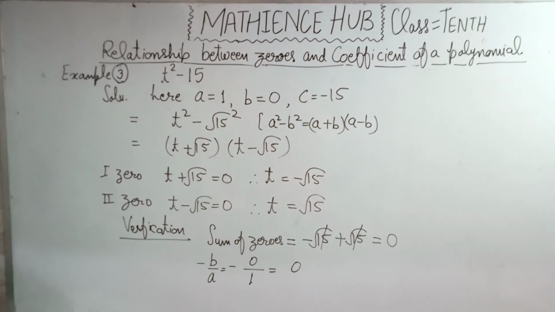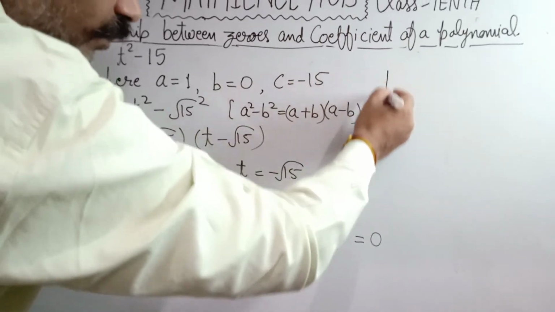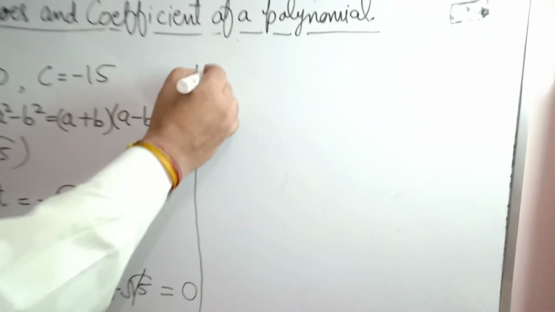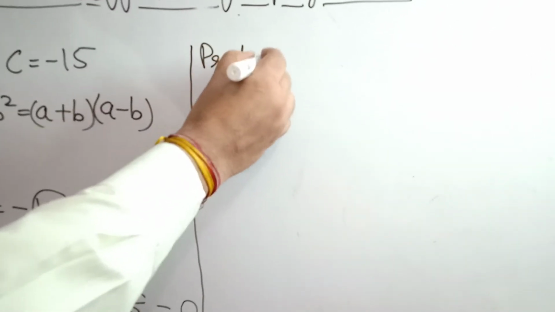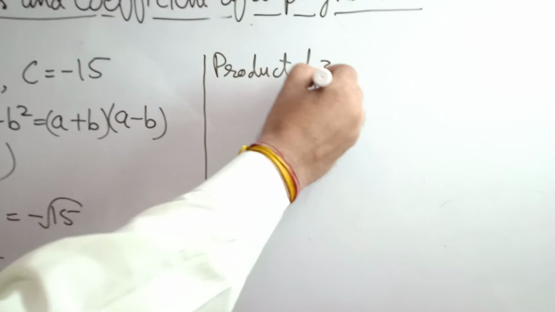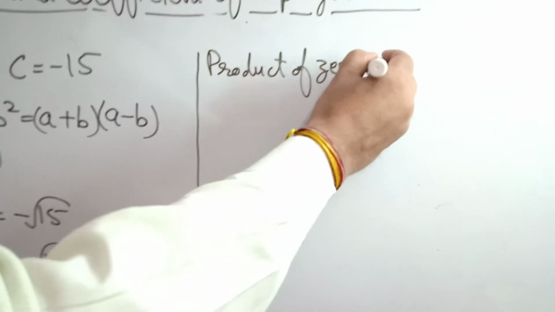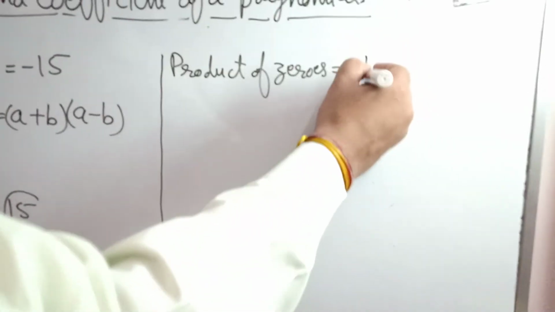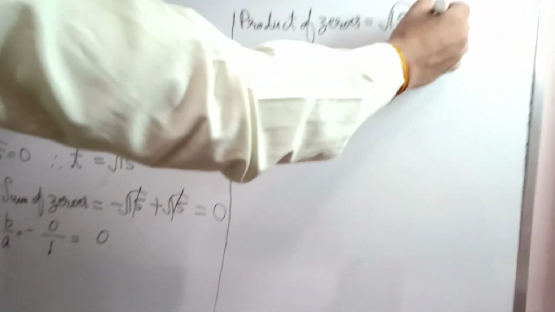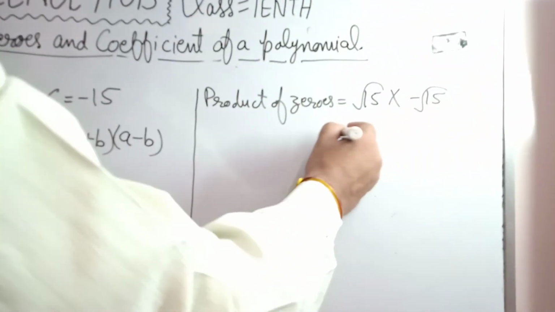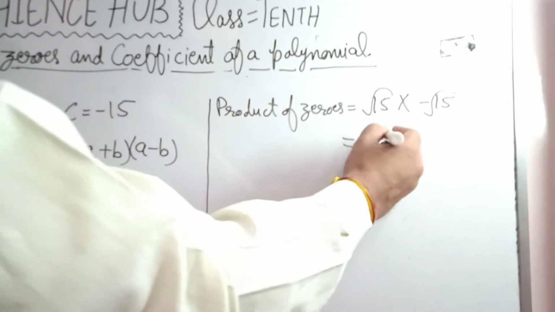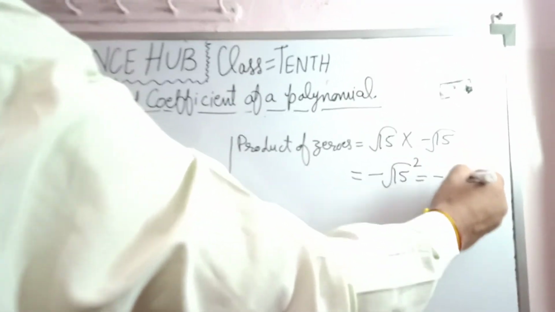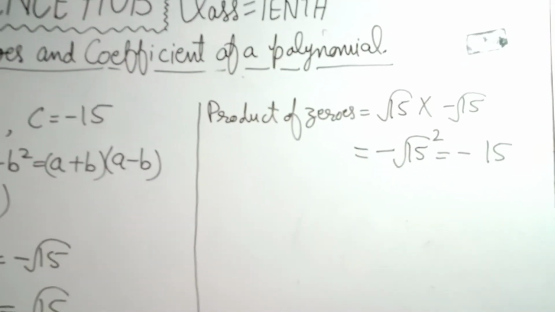And multiplication of zeros. The product of zeros is root 15 times minus root 15, plus times minus, minus root 15 square, and the value is minus 15.